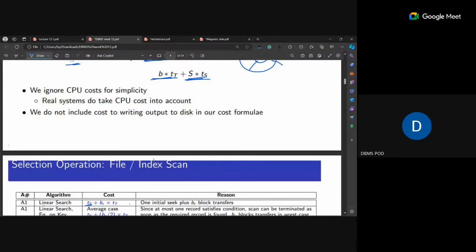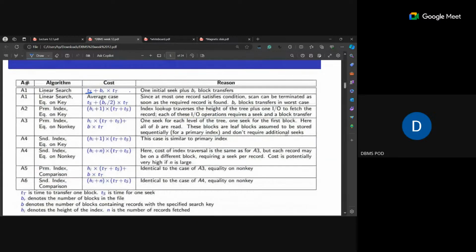So first it will require one seek time, plus the number of blocks present in the file times the time required. So it will be TS for one seek, plus BR, the number of blocks present in the file, times TT, the time to transfer one block. So it will be TS plus BR into TT.